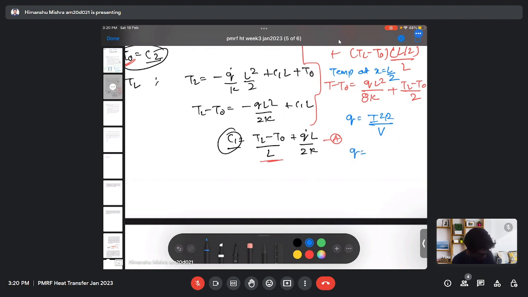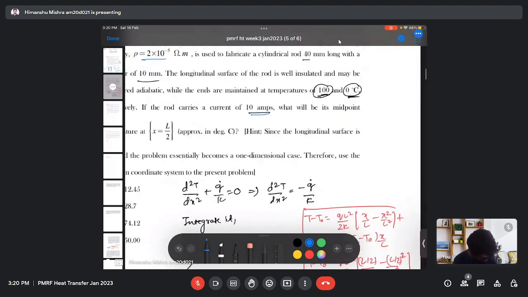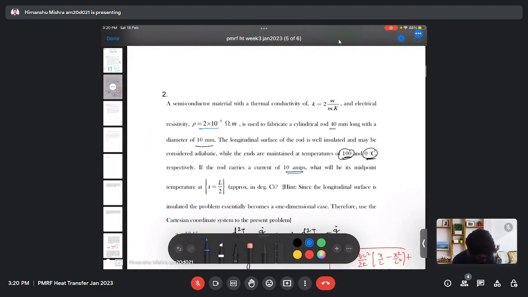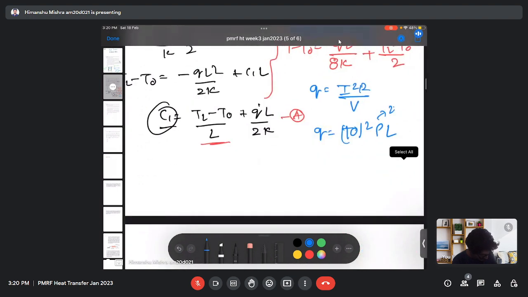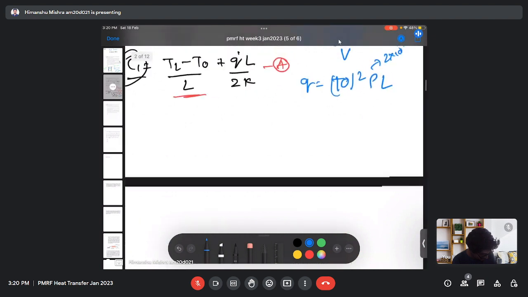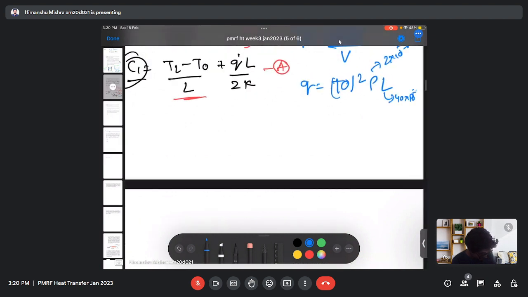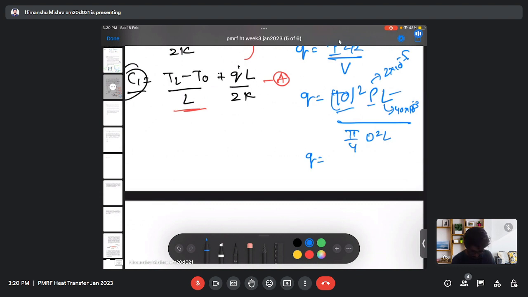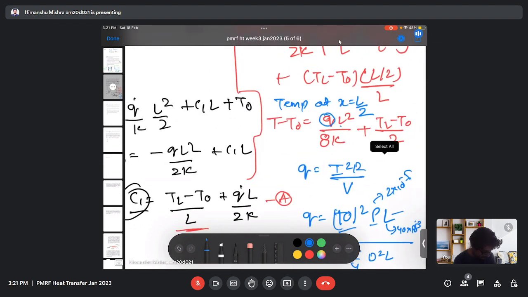Here I is the current, which is 10 ampere, and resistivity will be given by rho L. Rho is 2 times 10 to the power minus 5, and L is 40 mm, so I'm writing it in meters, and my volume is pi by 4 d squared L. From here, if we put the values of resistivity and length, we will get the value of heat generation as 25.6 watt per meter cube, and we can directly substitute all the values here to get the temperature at the desired location.